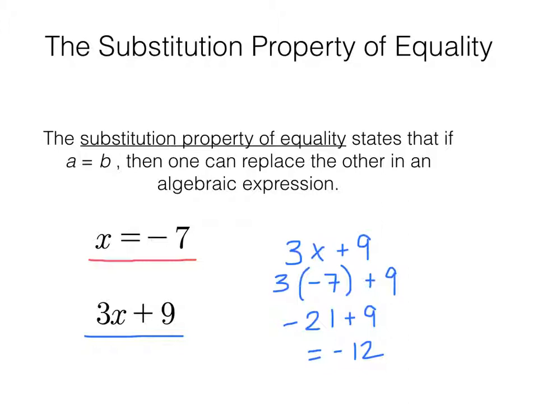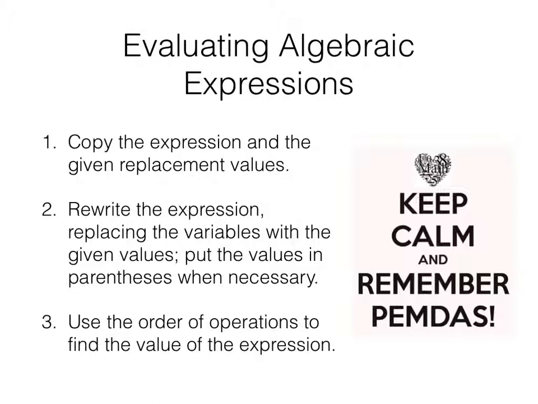So, generally, how do we evaluate expressions? Well, step 1, copy the expression and the given replacement value. So whatever the expression is that you get, copy it down and write down what x and y or a and b, etc. represent. Or excuse me, what the value of them happens to be.